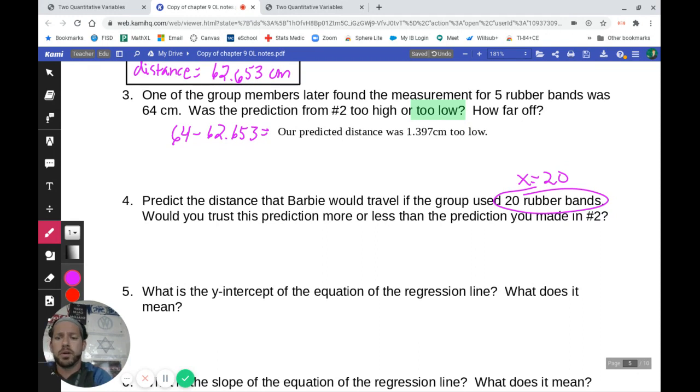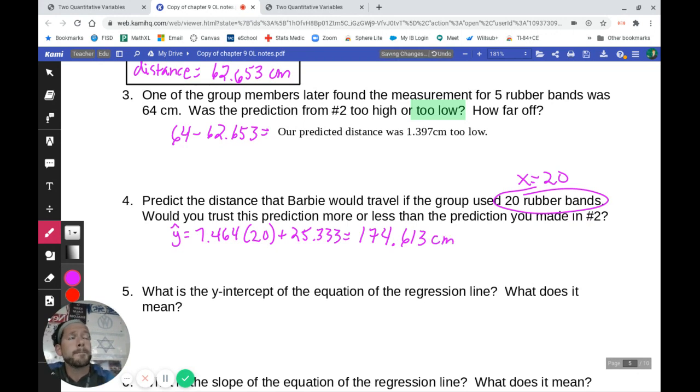So we'll go back to our equation, our predicted y hat, that will be 7.464 times the number of rubber bands, 20, plus 25.333. And we will predict, once we type that into our calculator, that she will travel 173.613 centimeters. What we have done here is we have done an extrapolation.